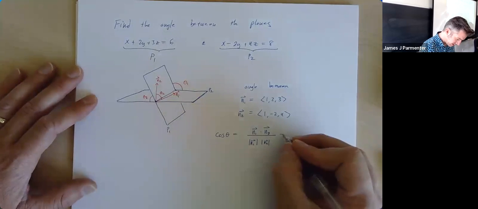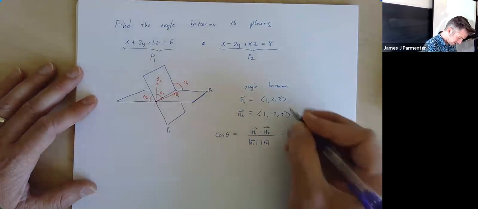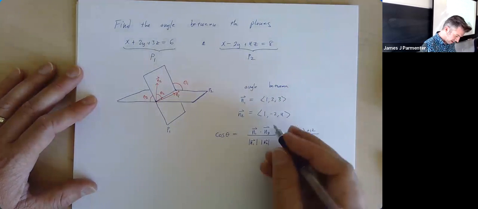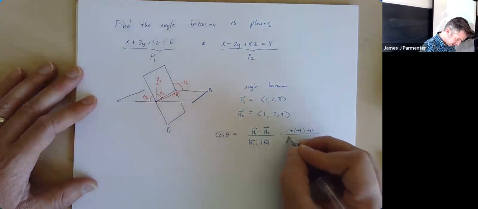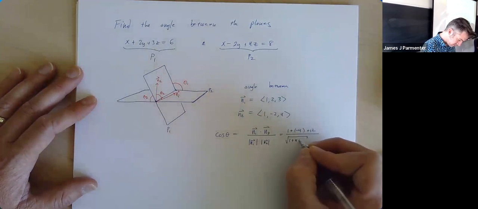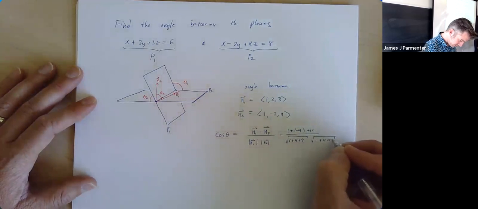So here we're going to get 1 times 1, 2 times -2, 3 times 4, divided by the magnitude of N1, which is the square root of 1 squared plus 2 squared plus 3 squared, and the magnitude of N2, which is the square root of 1 squared plus -2 squared plus 4 squared.